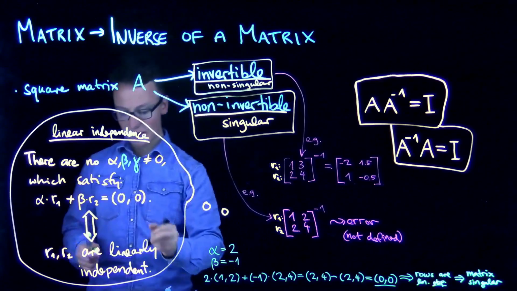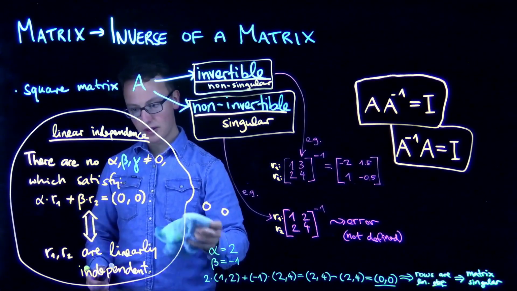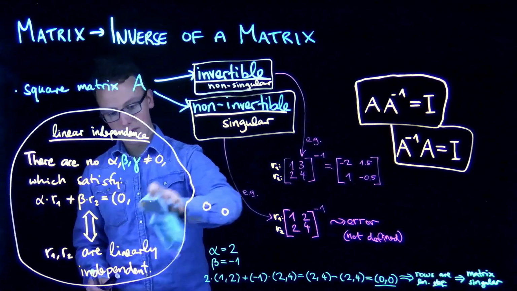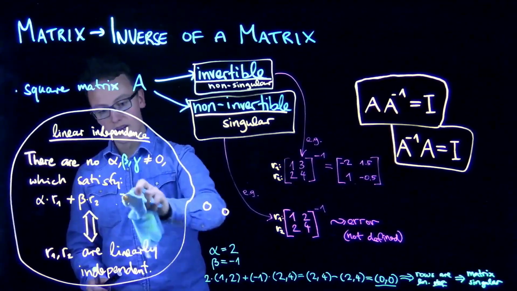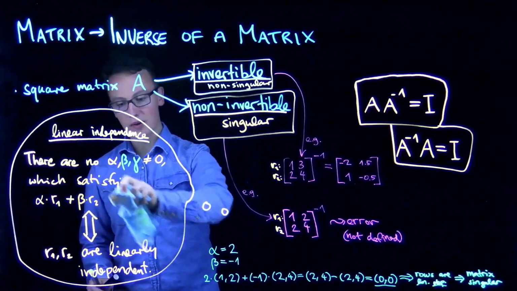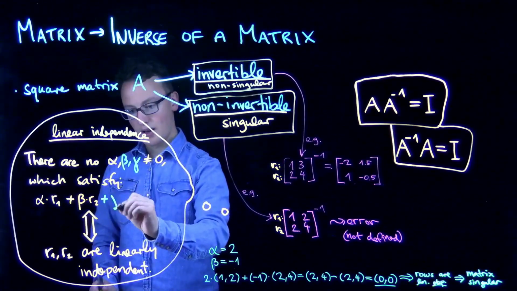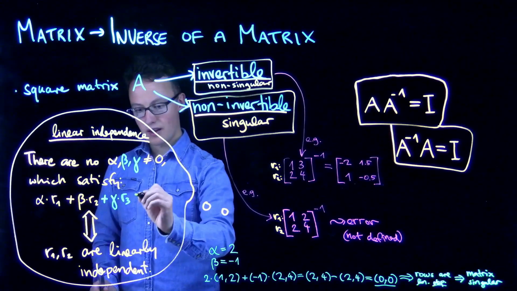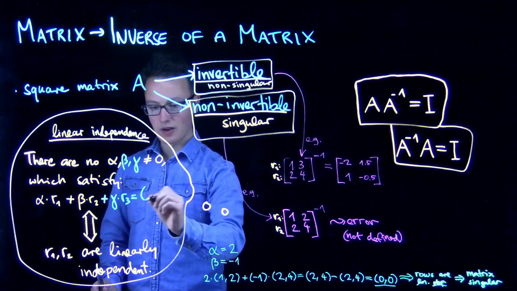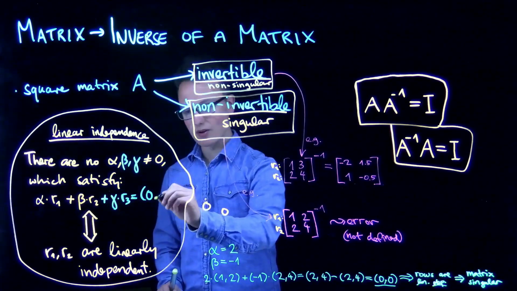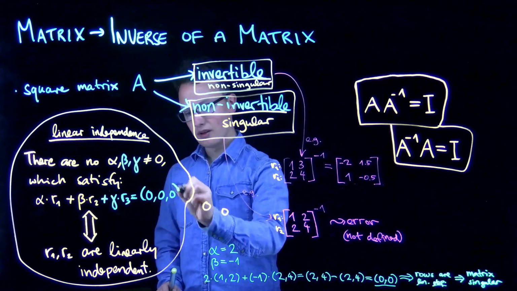And the overall equation here will now also include another term in this sum, namely the term gamma multiplied with row 3. So you'll have to add that, gamma multiplied with row 3. And obviously now the result should be also 3-dimensional, so 0, 0, 0.